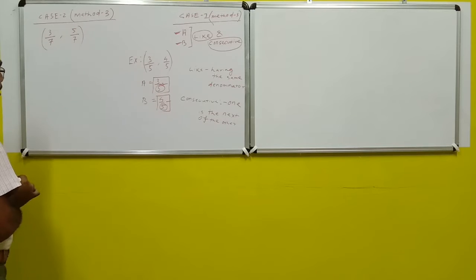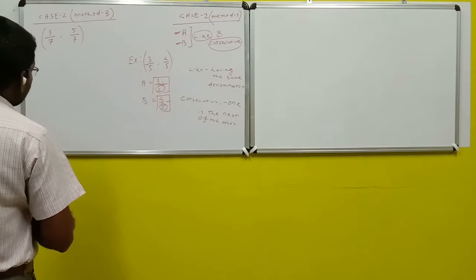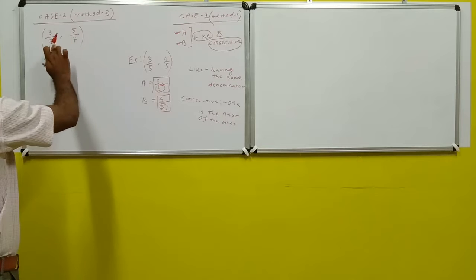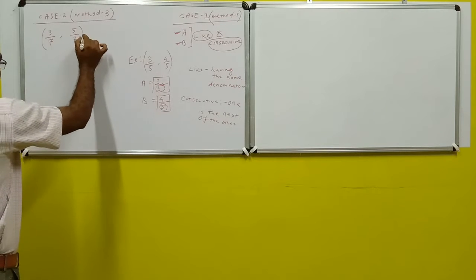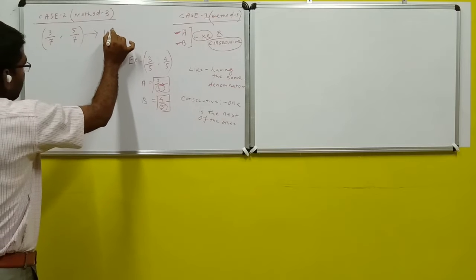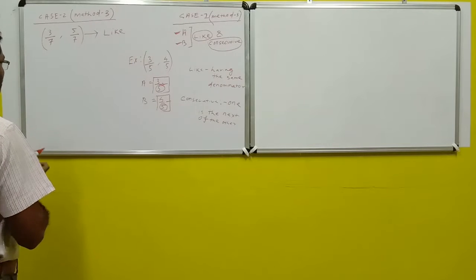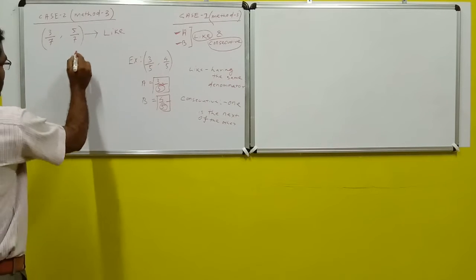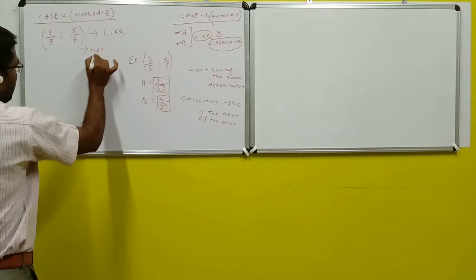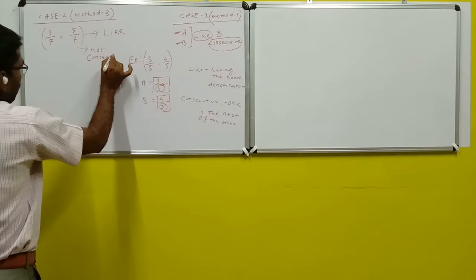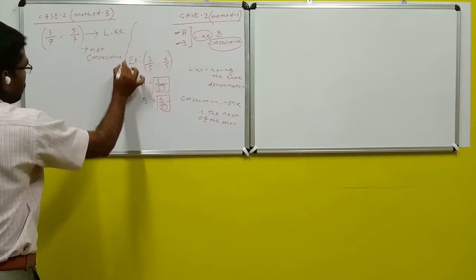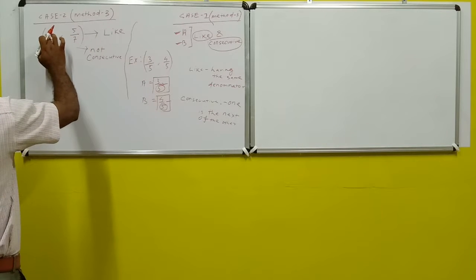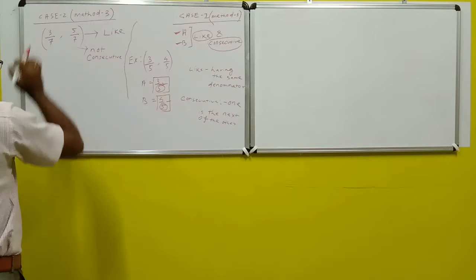Suppose these two rational numbers have been given in case 2, and in this case you see that only their denominators are same, for which they are called only like, but they are not consecutive, because one rational number, that is 5 by 7, is not the next rational number of 3 by 7.